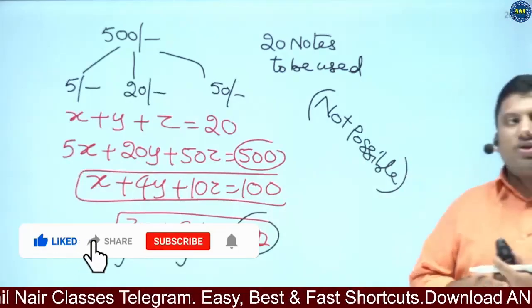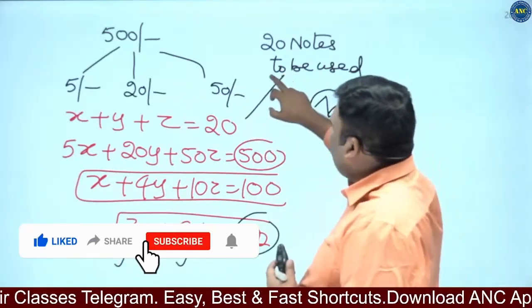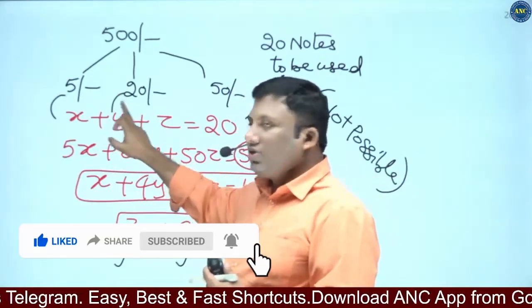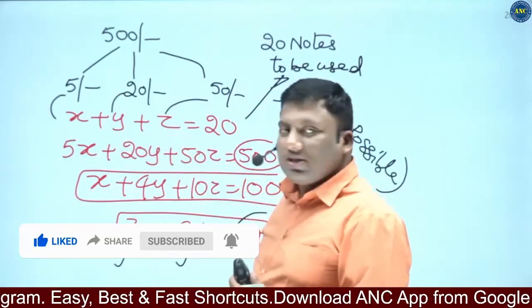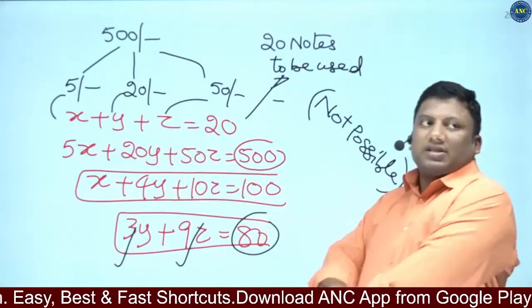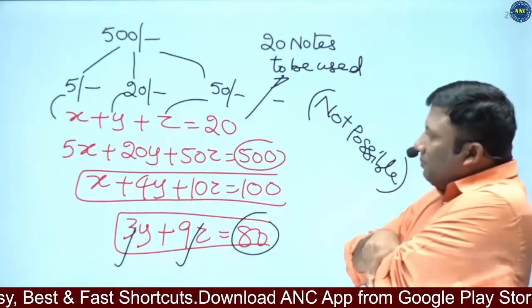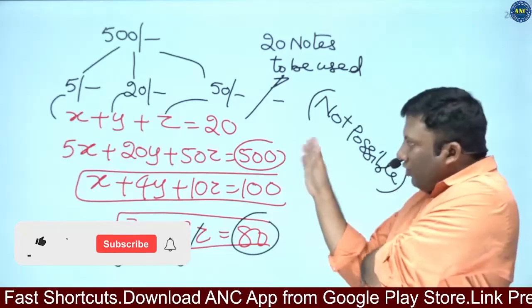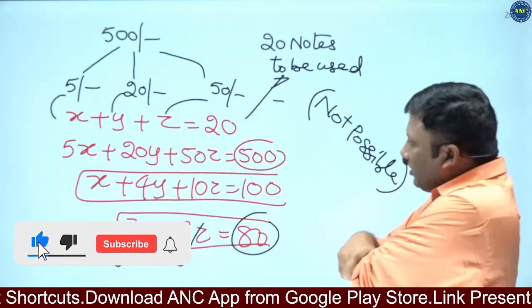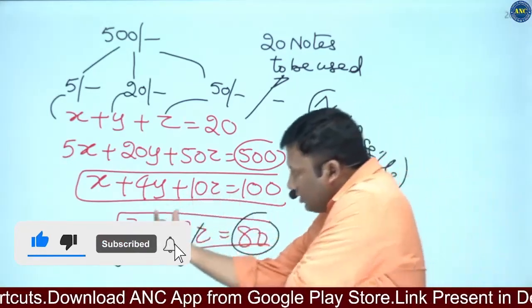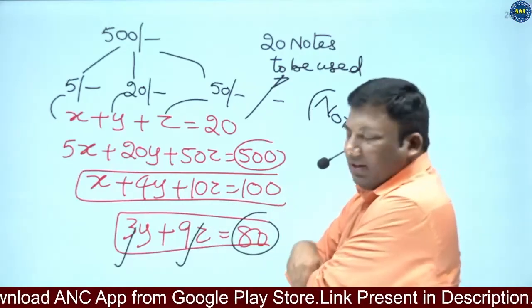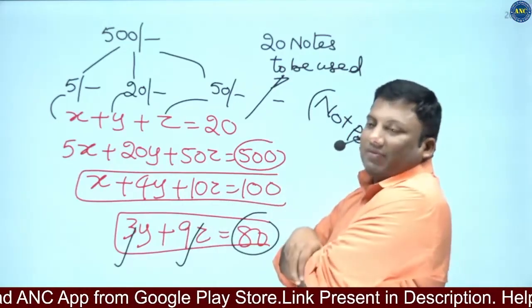Total number of notes to use is 20. x plus y plus z is 20. x plus 4y plus 10z is 100. 3y plus 9z is 80. Answer should be divisible by 3. 80 is not divisible by 3.